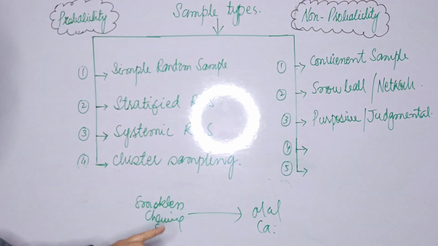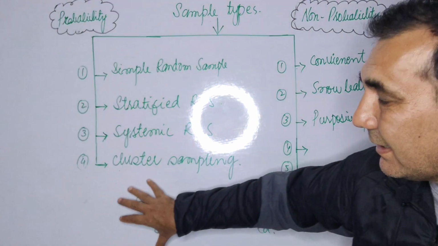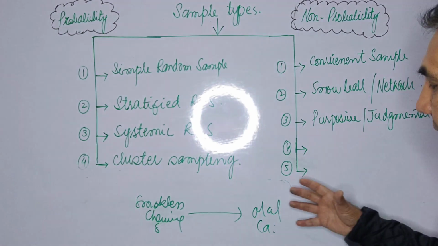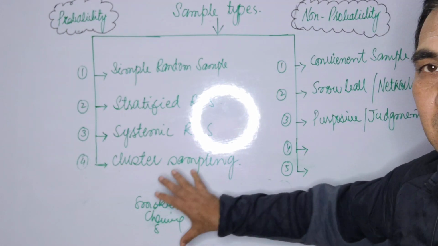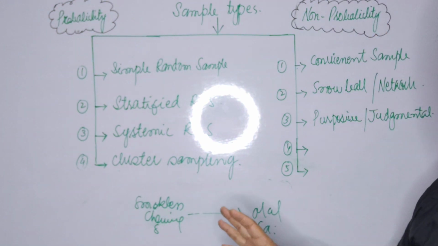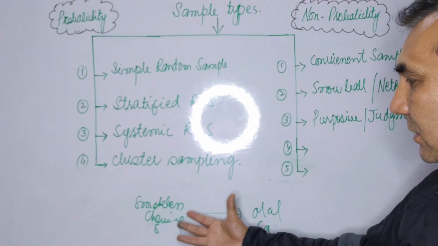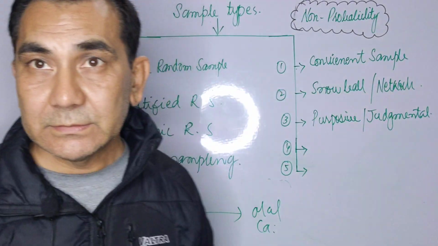He selects those people who already use smokeless tobacco for his research work on oral cancer, and he knows very well this is purposive, pre-judgmental sampling, that the prevalence of oral cancer is much higher in smokeless tobacco chewers or users.